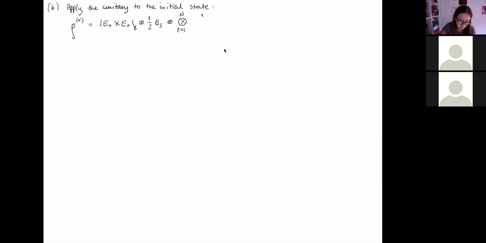And each individual state will be just 1 over ZL of T times 0, 0, L plus e to the power minus L delta over T times 1, 1, L, where ZL of T is just 1 plus e to the power minus L delta over T. It's just a normalization factor for this probability distribution.